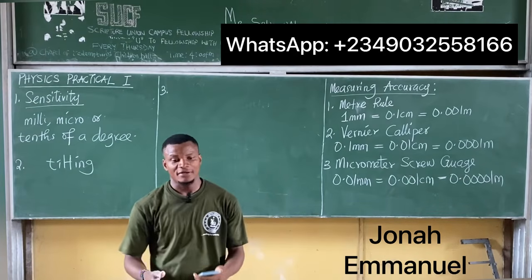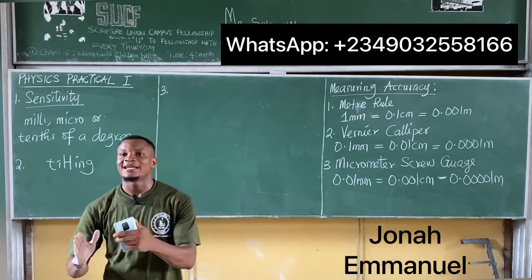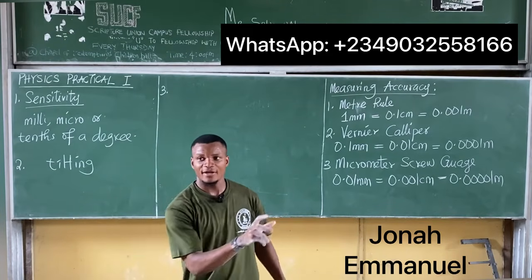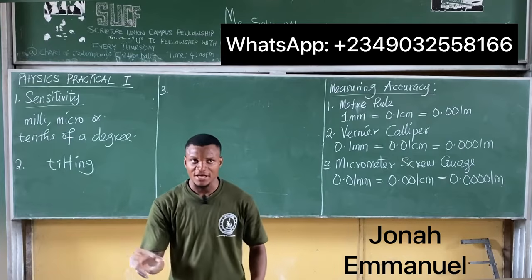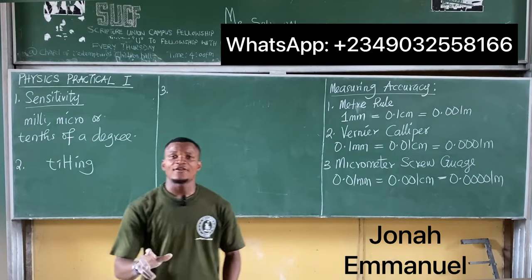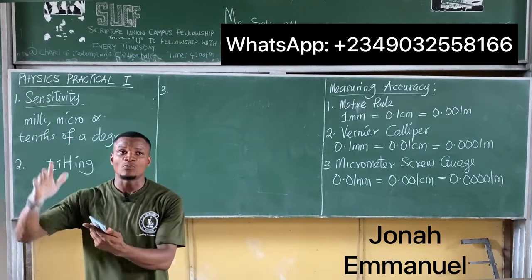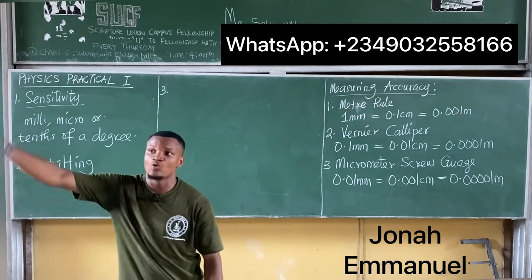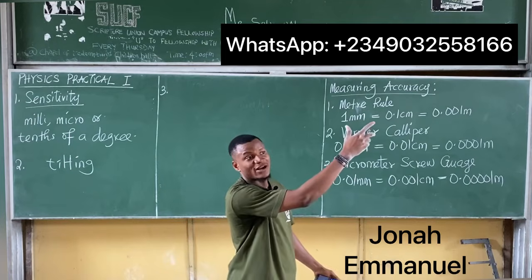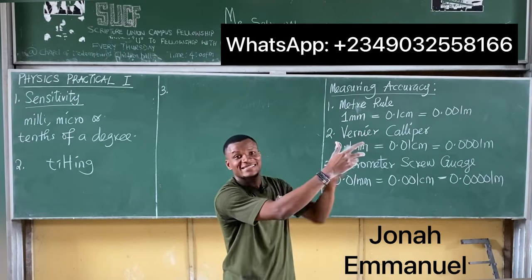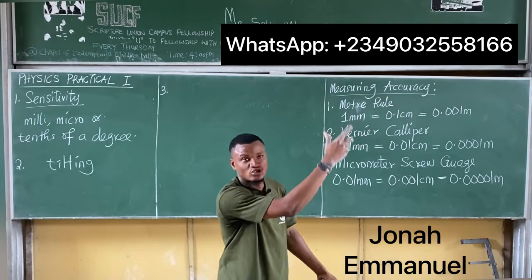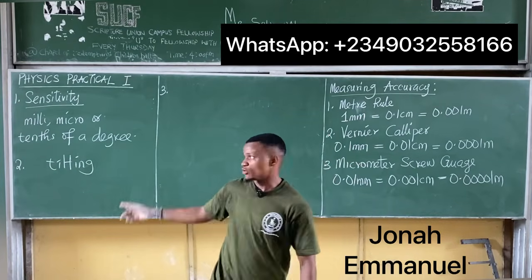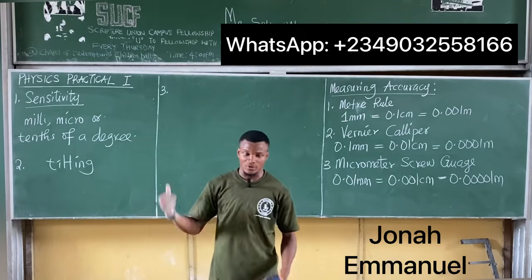If I tilt it at a small angle, it goes 1, 2, 3, 4, 5, 6. It moves faster. But if it's tilted at a large angle, pushed with too much force, it goes 1, 2, 3 slower and slower, because air resistance is dragging it. That's why we use a small angle. Please note this one.